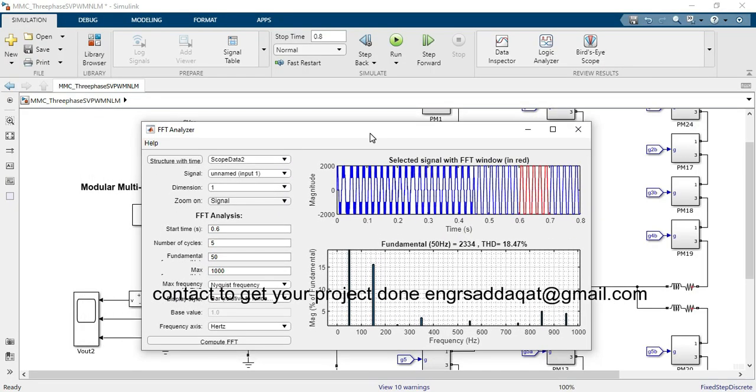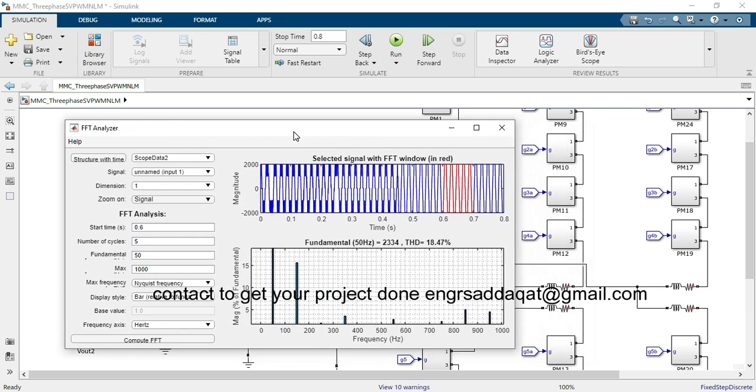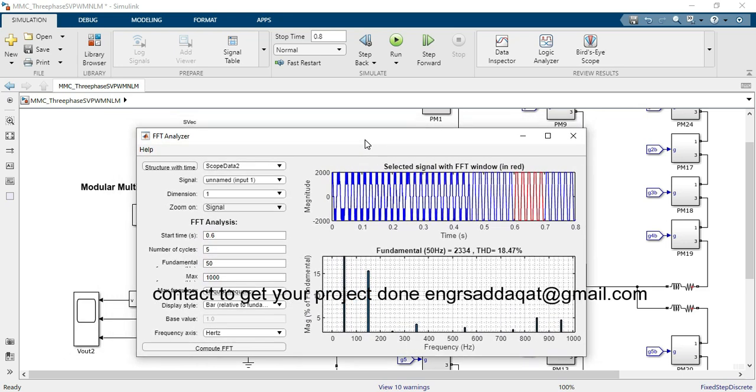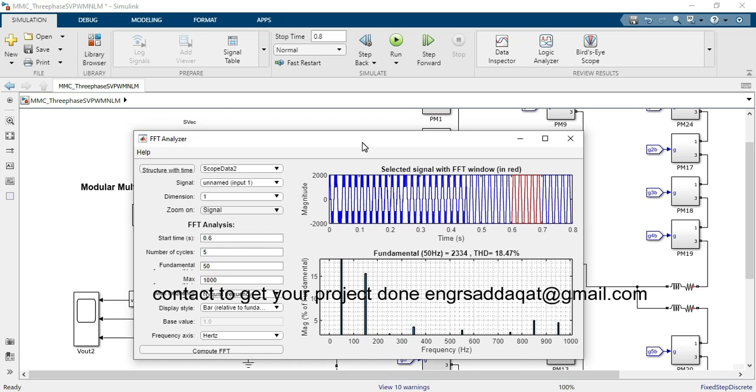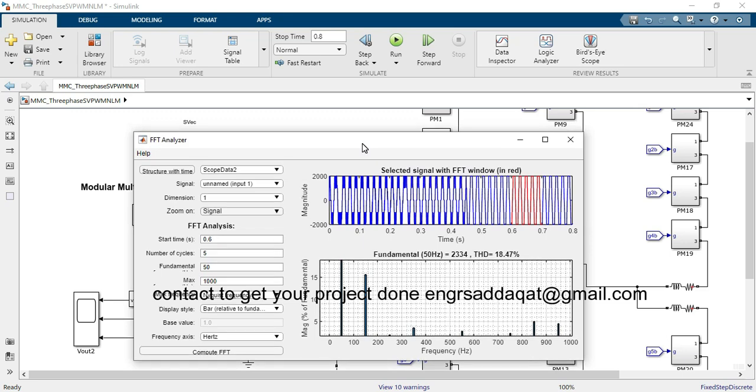We can conclude that if we use nearest level modulation with the MMC HVDC, the THD will be less compared to the PWM and the space vector control technique.